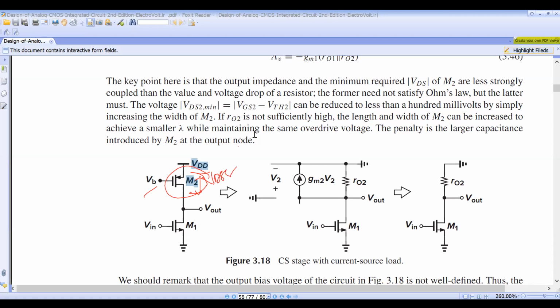So even though you are increasing the resistance offered by this device, no problem, because the voltage drop is fixed. You will not get any voltage swing problem. Earlier, to get high gain, RT is increased.